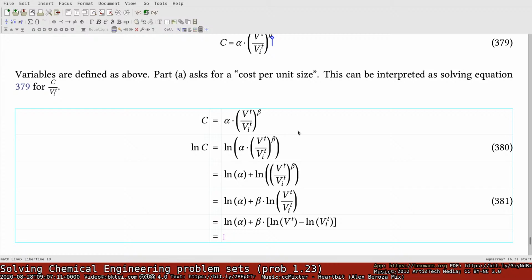What I'm trying to do is get the natural log of C and the natural log of that V sub I superscript T on the same side.